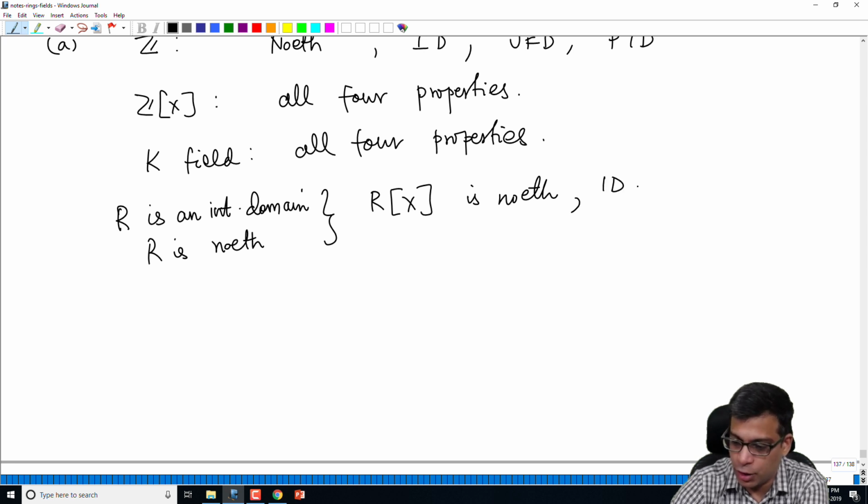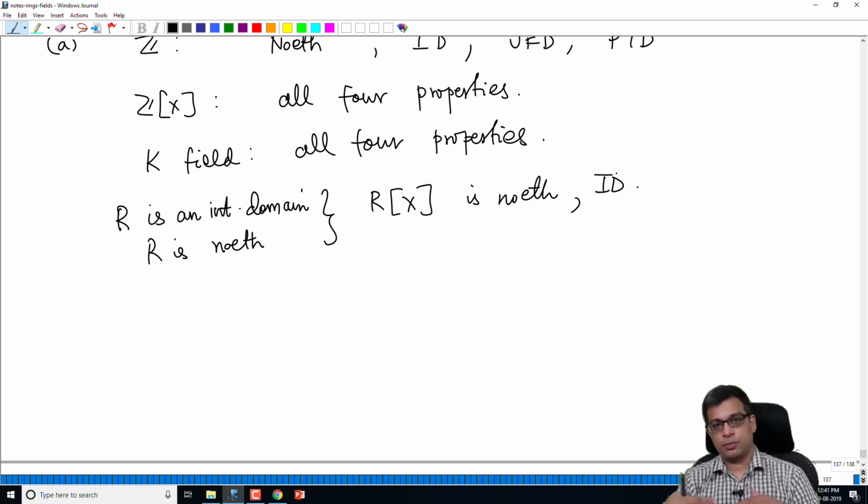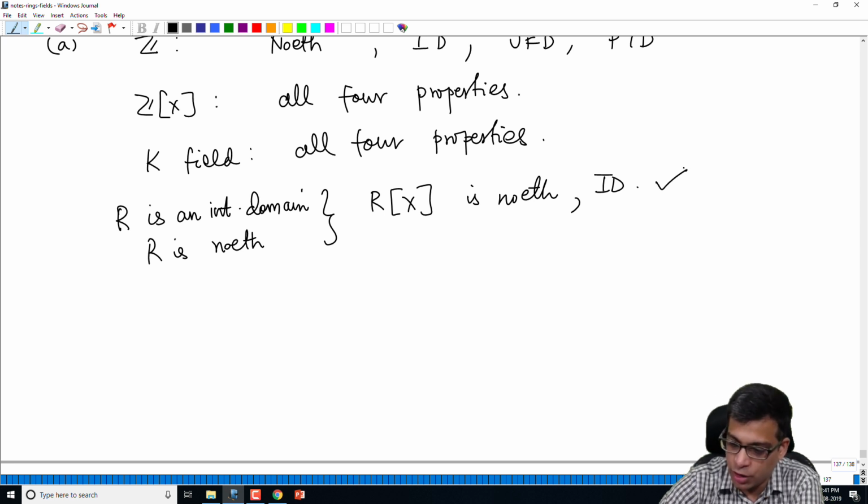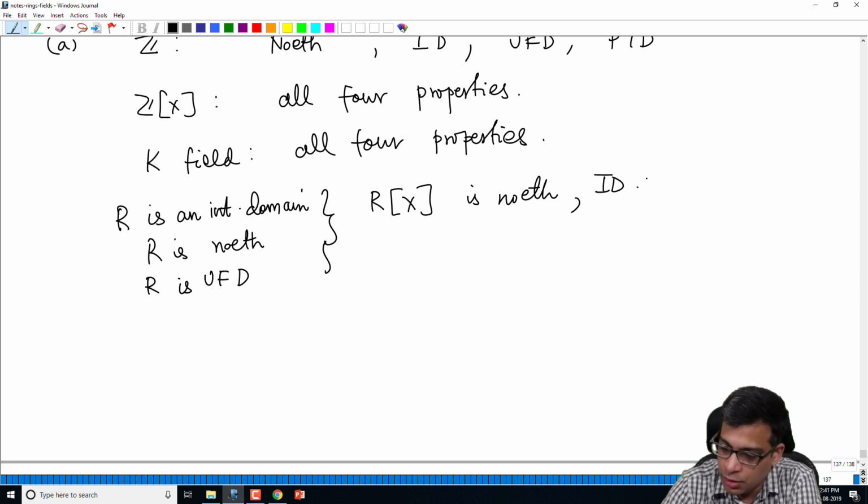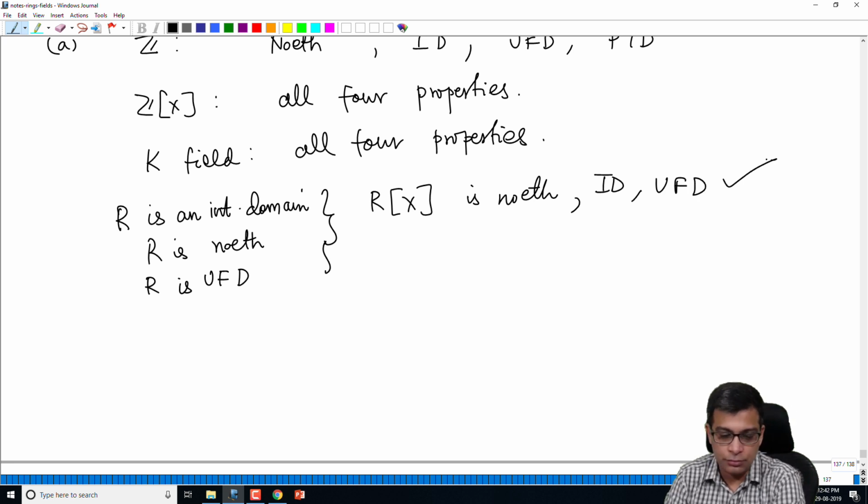This is also an integral domain, you can check, because multiplication of 2 non-zero polynomials will give you a non-zero polynomial. This is okay, but what about UFD or PID? That's not clear unless you assume similar conditions for R. So suppose I assume R is a UFD, then R[x] is also a UFD.